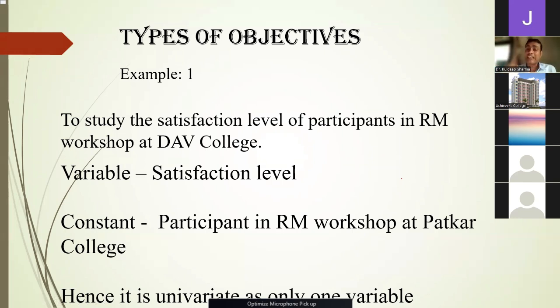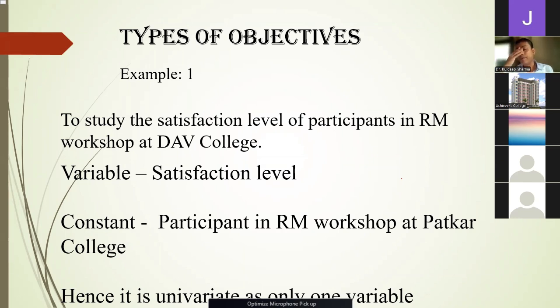But the satisfaction level of the participants of DAV College, of Patkar College, or of Achiever College are different. But the RM workshop may be the same. I mean to say the content in the RM workshop, or sometimes participants are also the same.